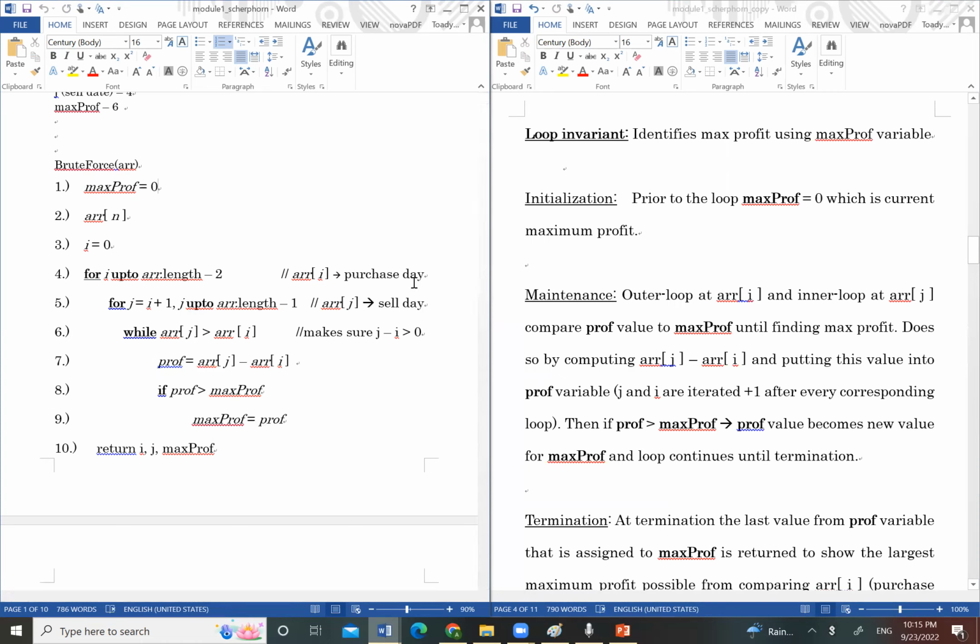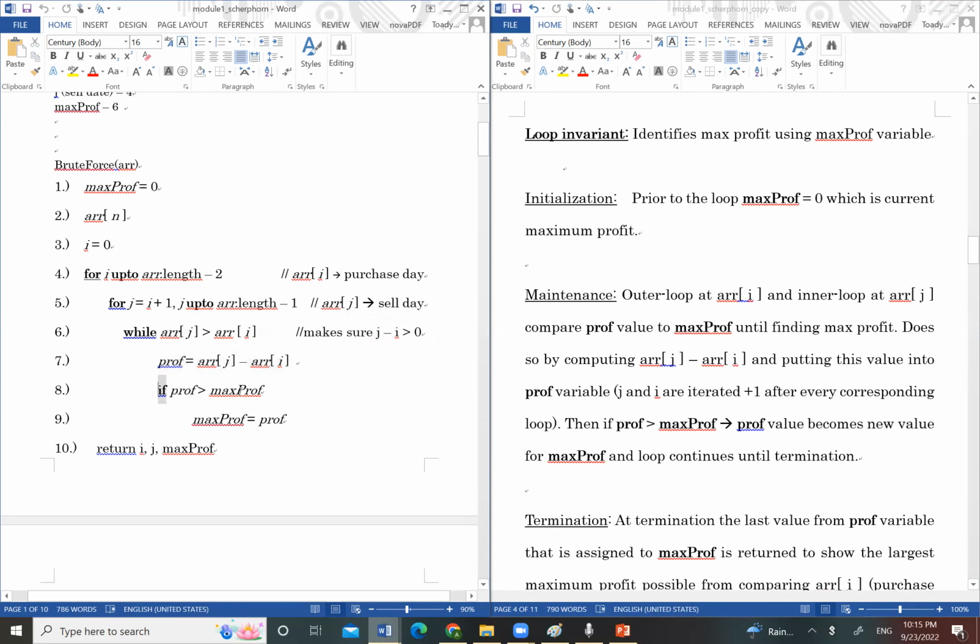And the maintenance: the outer loop i, at array index i, makes a comparison with array at index j, the inner loop, to compare profit and max profit. By doing so, we do array at index j minus array at index i to equal profit.